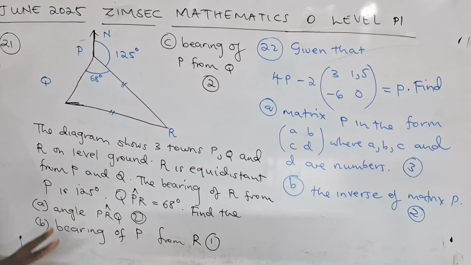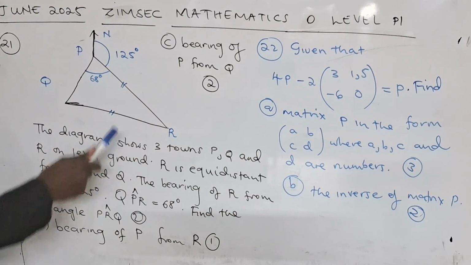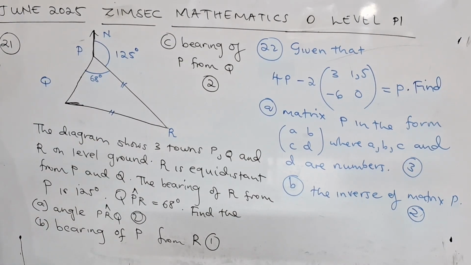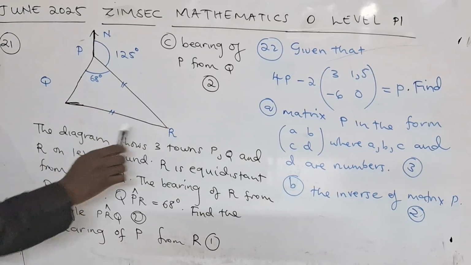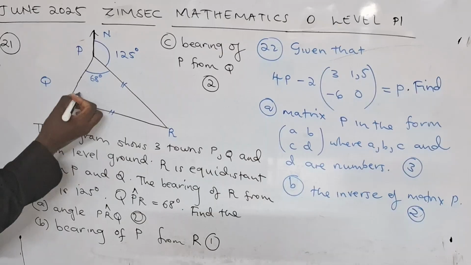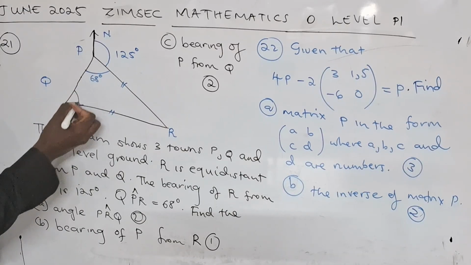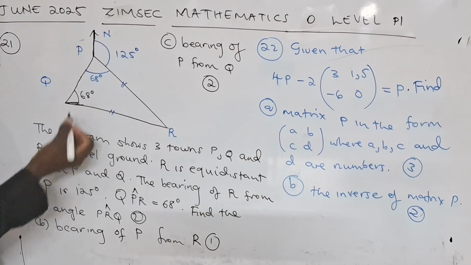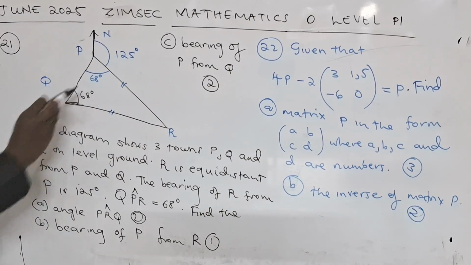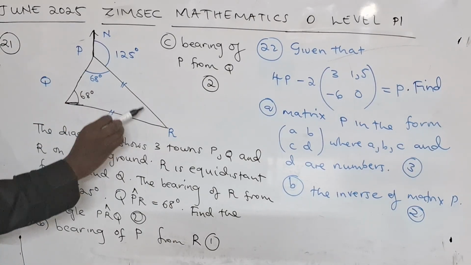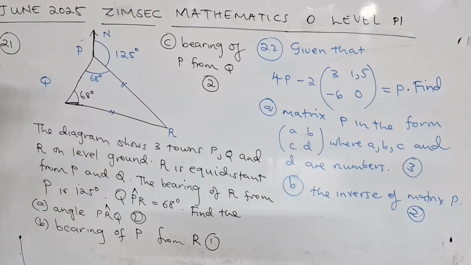So what are we going to do? If this side is equal to this side, it means this is an isosceles triangle. It therefore means these base angles are equal. So this is 68 and this is 68. In a triangle, if you add the three angles, you are supposed to get 180.